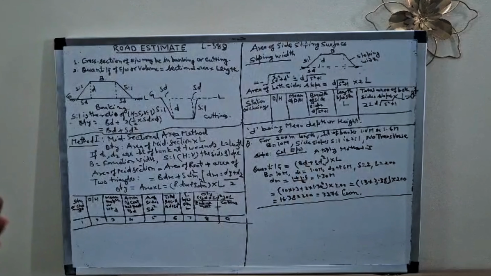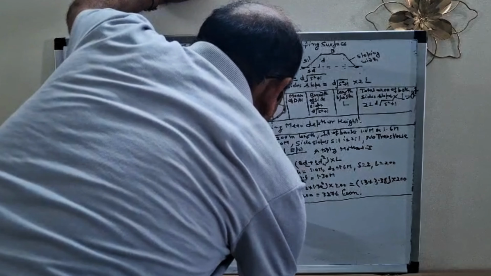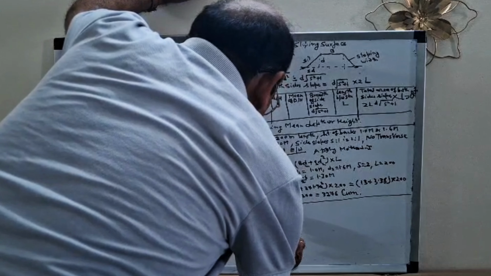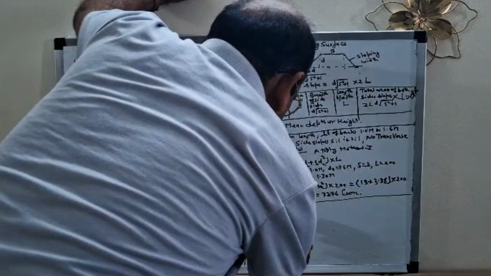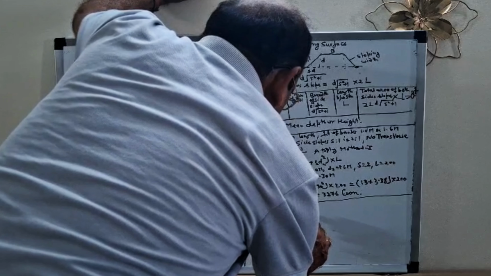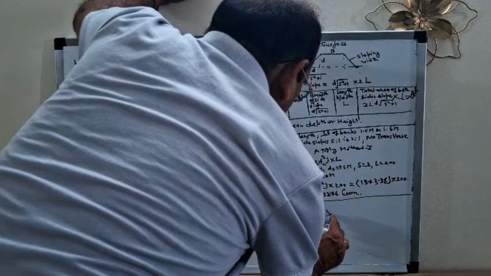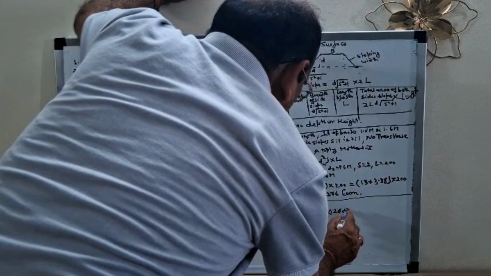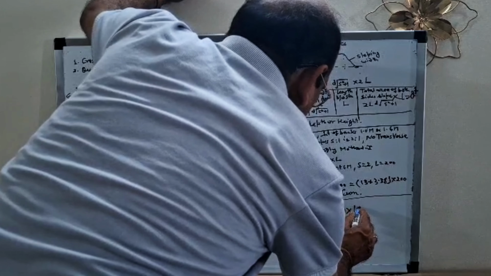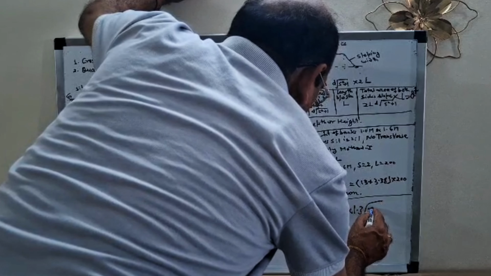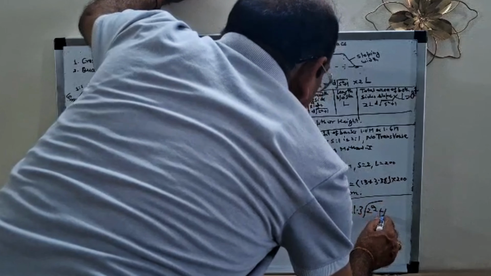You can also calculate the sides this way: 2L into D root over S square plus 1. So the sides quantity equals 2 into 200 into D, which is 1.3, root over 2 square plus 1.